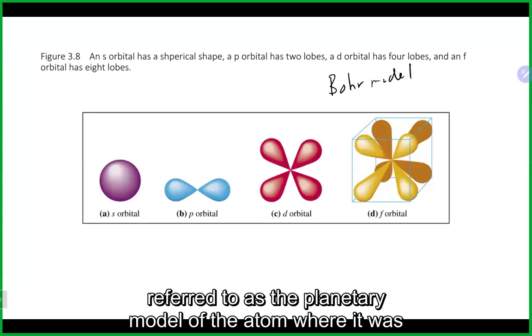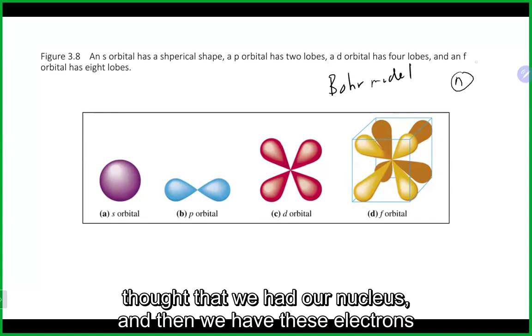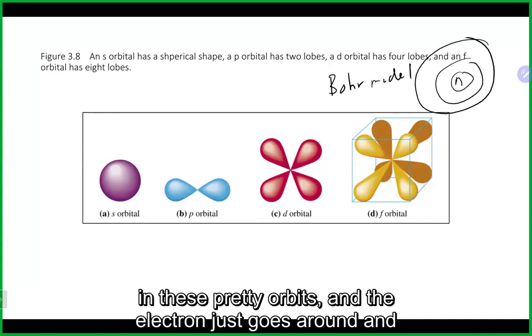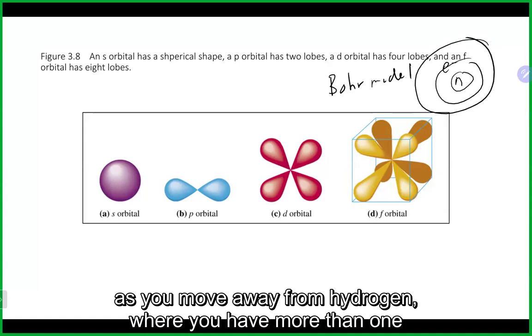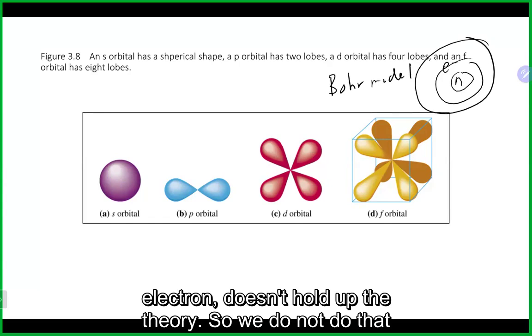That is sometimes referred to as the planetary model of the atom, where it was thought that we had our nucleus and then we had these electrons in these pretty orbits, and the electron just goes around and around in orbits. Works really great for hydrogen, but as soon as you move away from hydrogen, where you have more than one electron, the theory doesn't hold up.